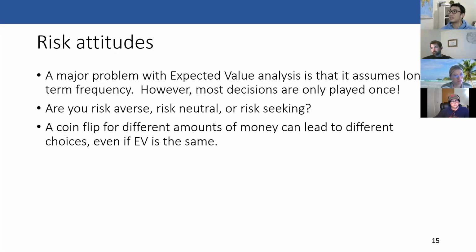And then someone who's risk seeking maybe will make a decision where they value larger payoffs even more, despite probabilities with negative outcomes, right? And so rather than being conservative, you are being aggressive in trying to get higher payoffs.